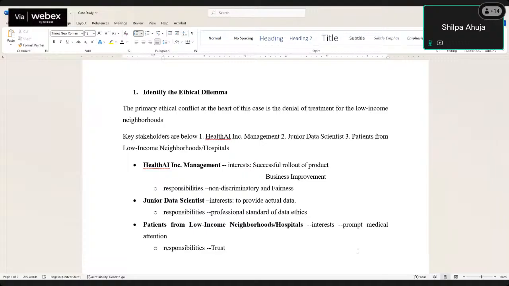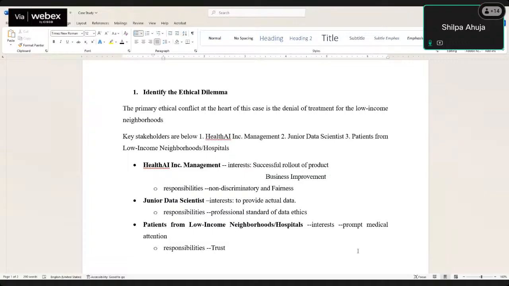The ethical dilemma being faced is that there may be some denial of treatment for low income individuals whose cases may go undetected as low risk scores as per the algorithm which is designed. It is kind of putting people who belong to high income and display the symptoms as high risk individuals.